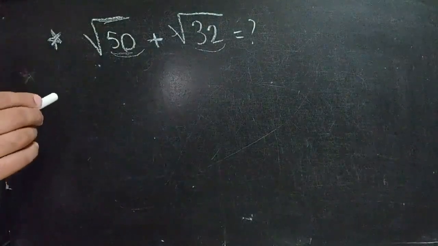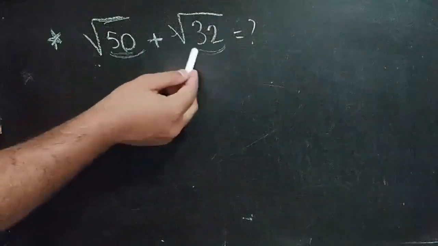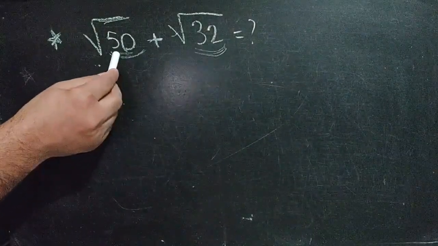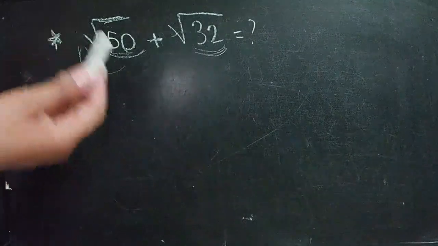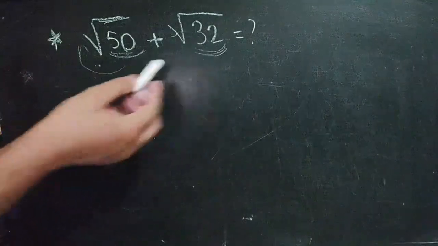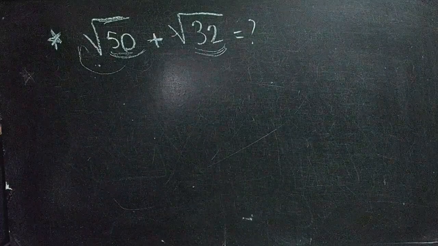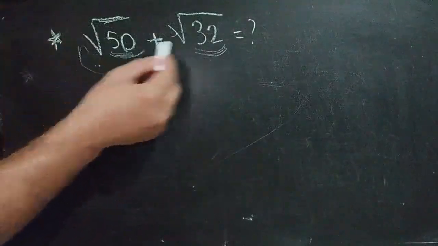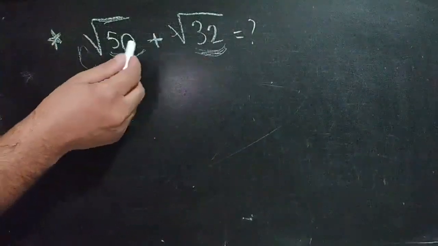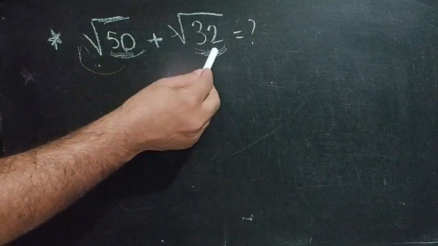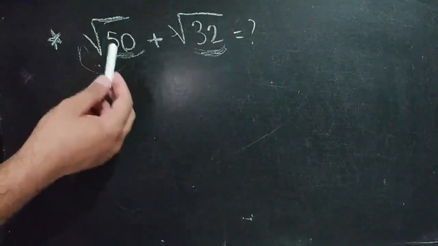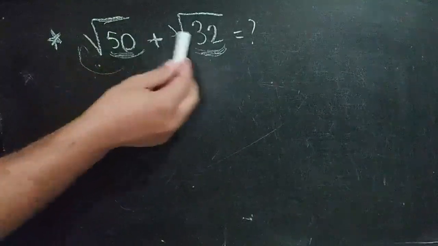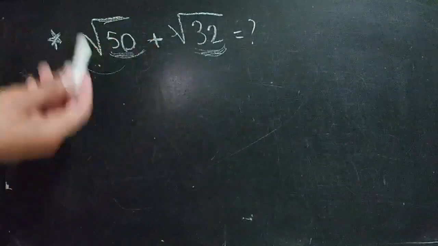What you do, you will try to take them out. 50 can't go out of the square root as a whole number. This one too. Now you will think about their factors, for this and this separately, and you will see if you can take any factors of this number and this number out of square root.